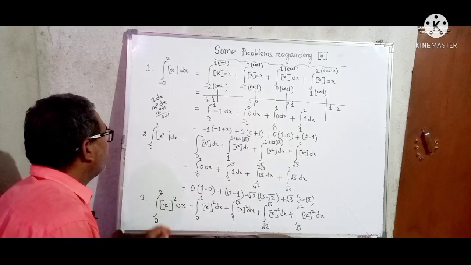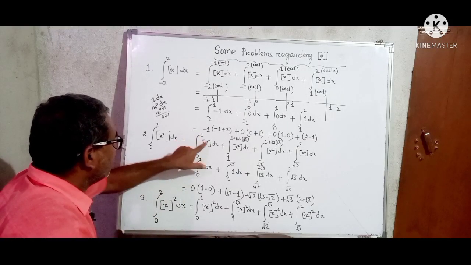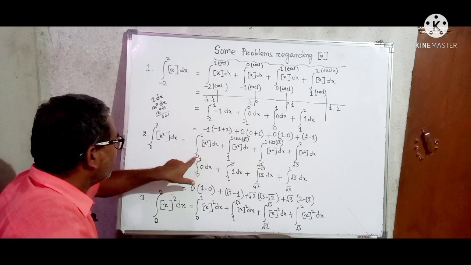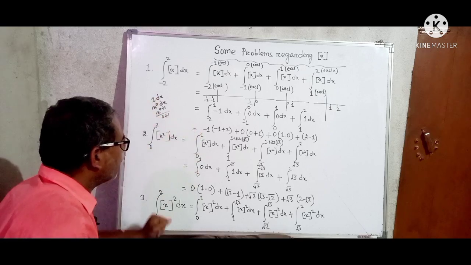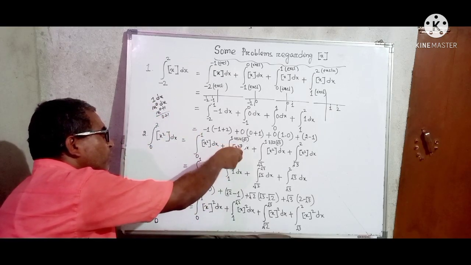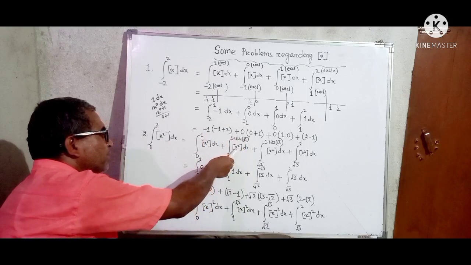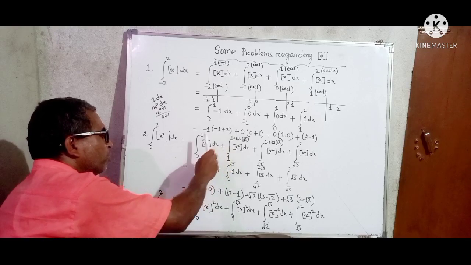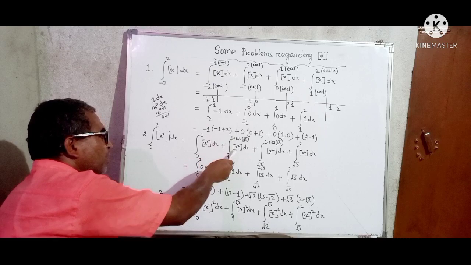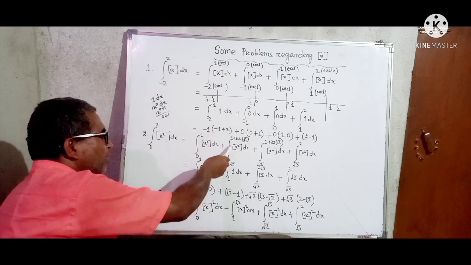For your convenience, 0 to 1: this is continuous. You see the value of x square starting from 0 to 1. Then from 1 to 1.414, the approximate value of root 2, the value of x square, as x goes from 1 to this, and squaring the value will be continuous.